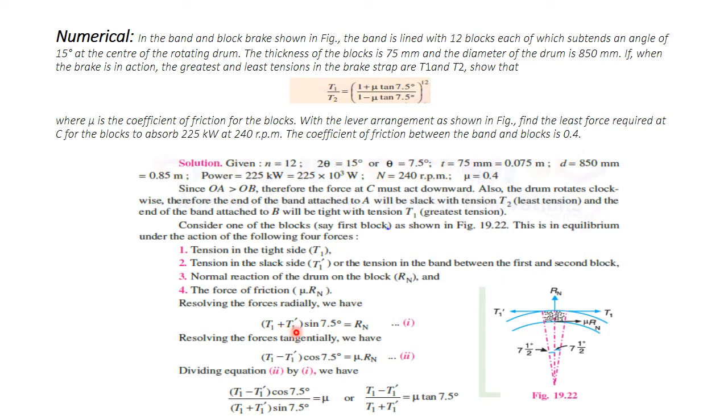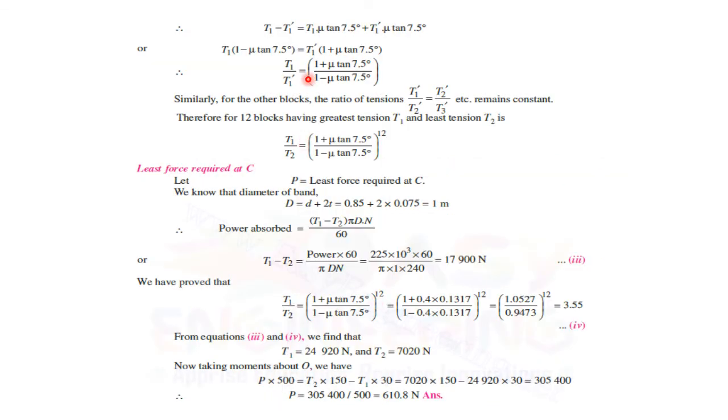Already we know that (T1 plus T1 dash) sin 7.5 degree is equal to Rn. (T1 minus T1 dash) cos 7.5 degree is equal to mu times Rn. Divide equation second by equation first. And (T1 minus T1 dash) divided upon (T1 plus T1 dash) is equal to mu tan 7.5 degree. Mu is equal to 0.4. And after that, T1 upon T1 dash is equal to (1 plus mu tan 7.5 degree) upon (1 minus mu tan 7.5 degree).